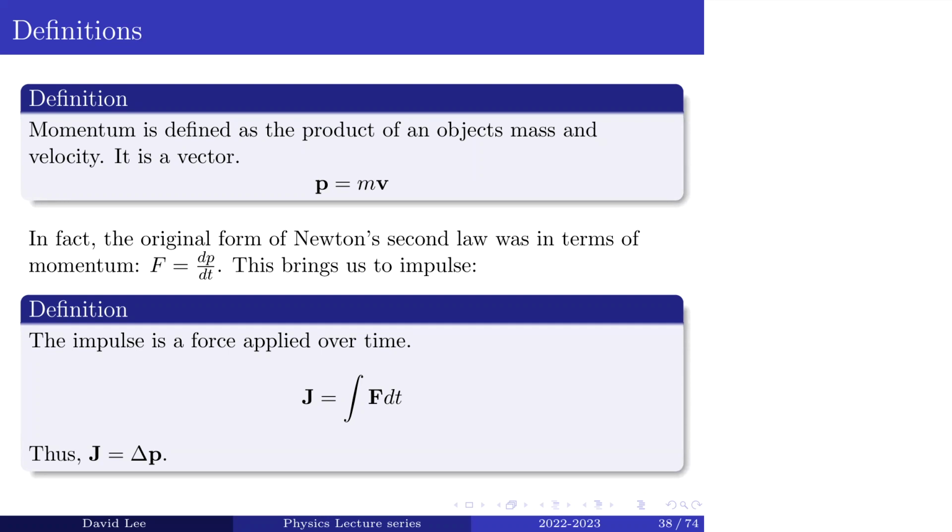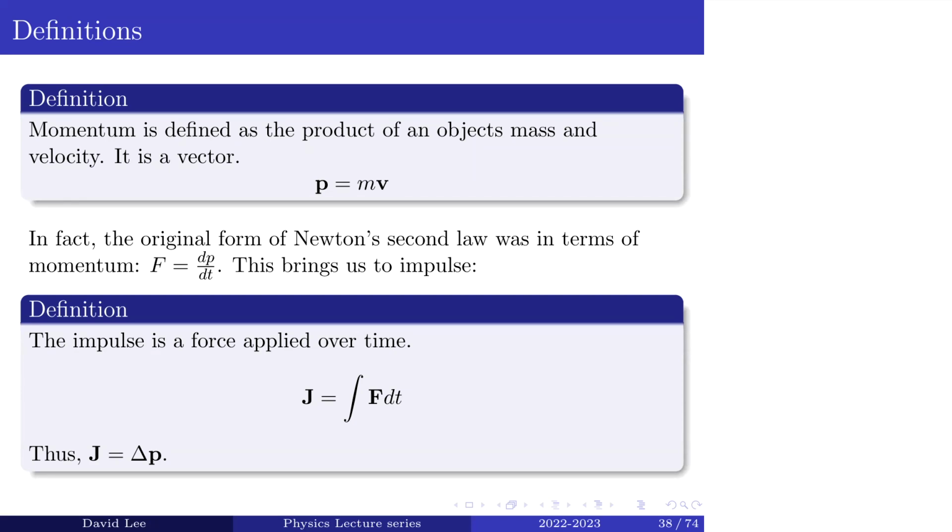And we can use it because force is mass times acceleration, and acceleration is the derivative of velocity. That means that force is the derivative of momentum, F equals dp/dt.